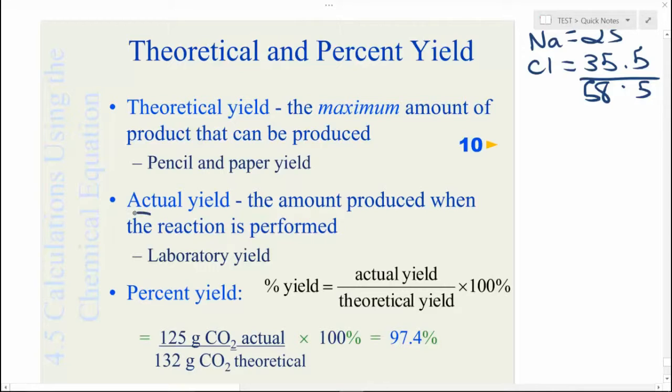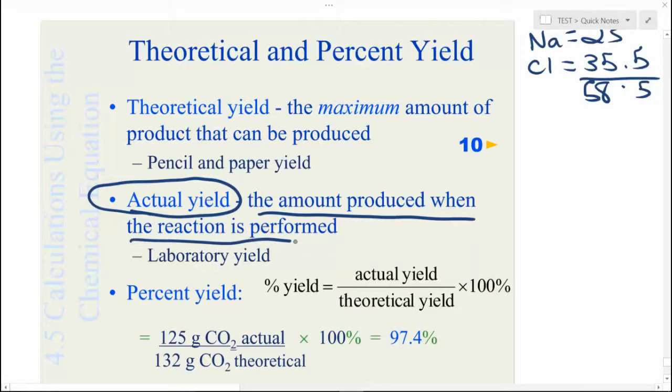Okay? The actual yield is the amount produced when the reaction is actually performed. So I go into the laboratory, I do the reaction, and I produce a very specific amount. That will never be the same as the theoretical yield. The theoretical yield is always the perfect reaction, and we never run perfect reactions in the laboratory.